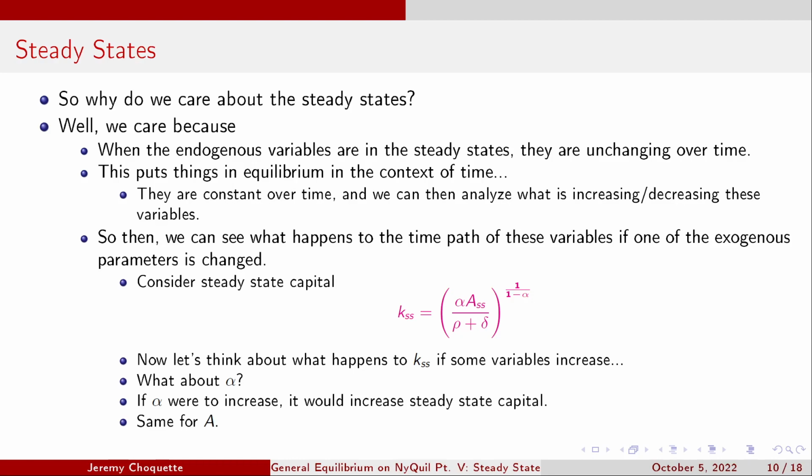Now, what about A? Well, if A increases, steady state capital increases as well. Now, this one is a little bit more intuitive to try to explain. Why? Well, think about it. If A increases, what does that mean? That tells us we are increasing the technology that's available for use in production in our economy. If Elon Musk invents, let's say, warp drive, we all know it's Zephram Cochrane, but let's just assume for a second Elon Musk actually beats Zephram Cochrane to it.